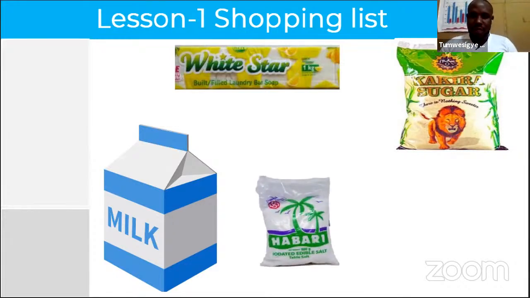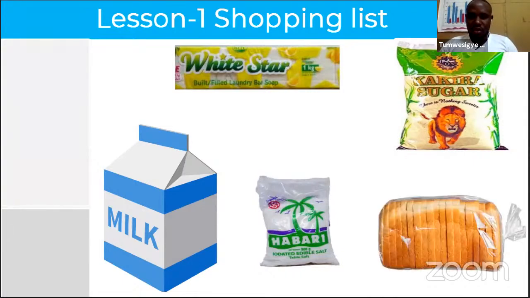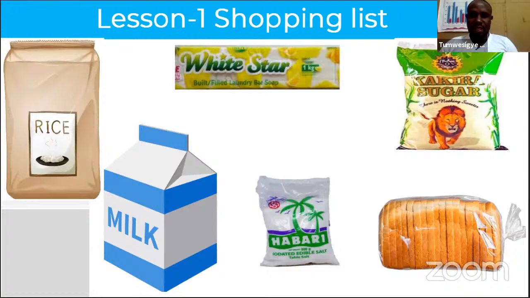We also have a packet of salt, and also we have bread, that's a loaf of bread, which is there. Then lastly, we have a packet or a kilogram of rice.